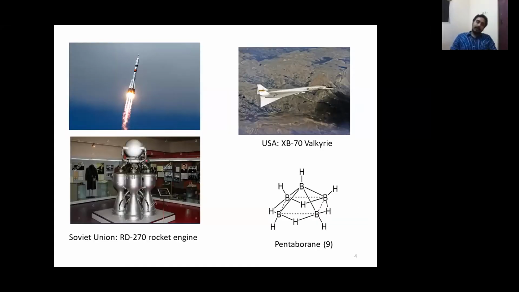But unfortunately it was not implemented, because when they tried this pentaborane-9 molecule as a fuel in rocket engines and jets, they found that when this molecule combusts, it generates many toxic organic fragments, and this pentaborane-9 molecule is also flammable when it comes into contact with the air.